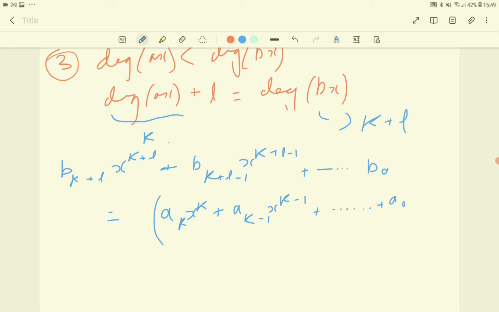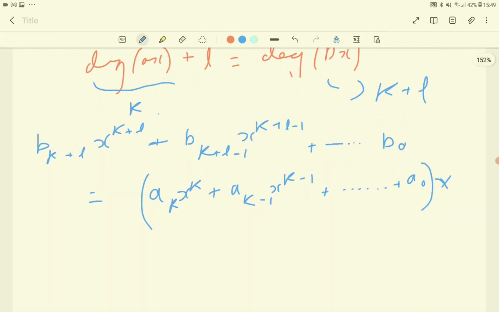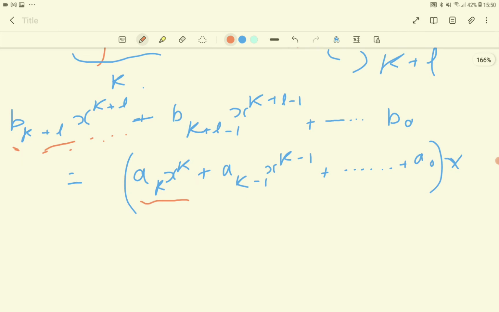I mean a0 x to the power 0 times some polynomial of degree l, because only if it is of degree l can the highest degree term go with this to cancel out this term, so that the degree of r of x is not k plus l, which would be greater than k, which would mean the degree of r of x would be greater than the degree of a of x.